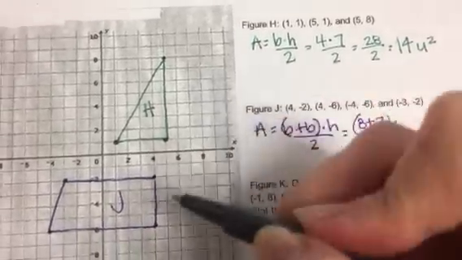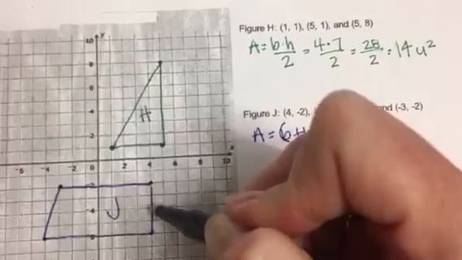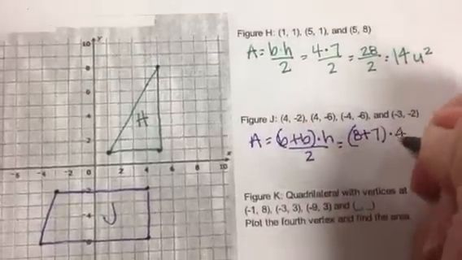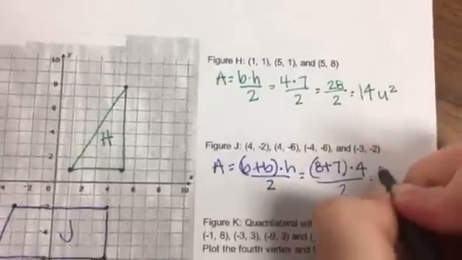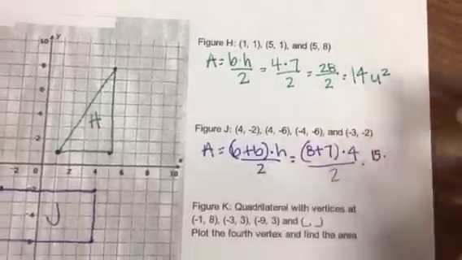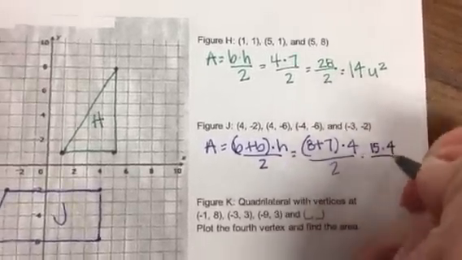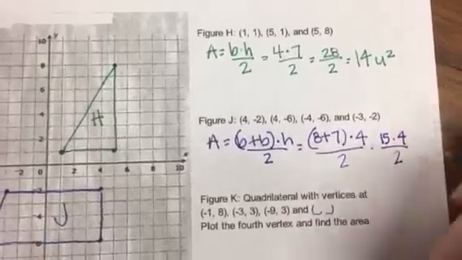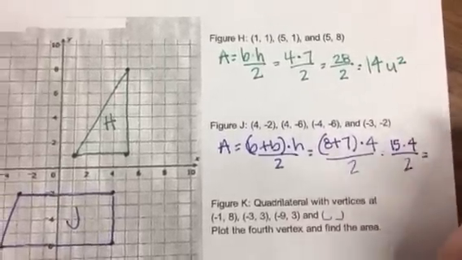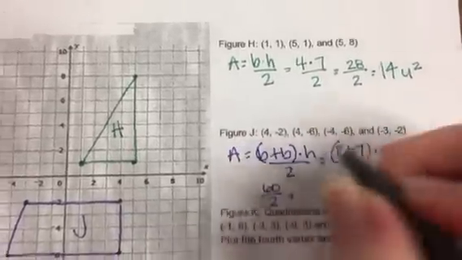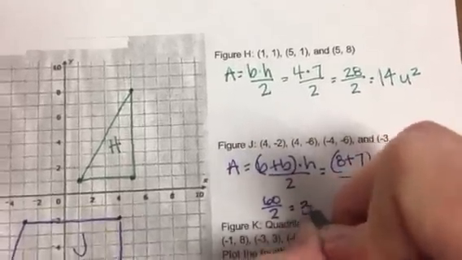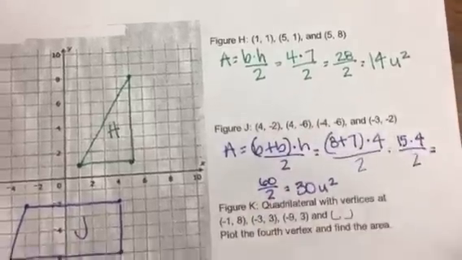Then we're going to multiply it by the height, which is 1, 2, 3, 4, and then divide it all by 2. So 8 plus 7 gives me 15. Then we're going to do 15 times 4, and then divide by 2 in the end. 15 times 4 is 60, and 60 divided by 2 would leave me with an answer of 30 square units.